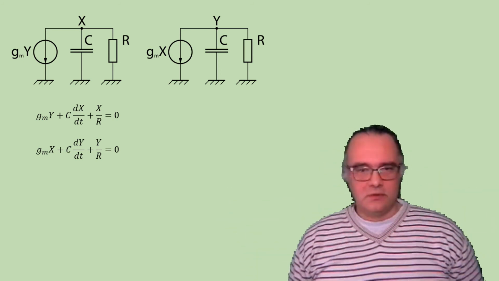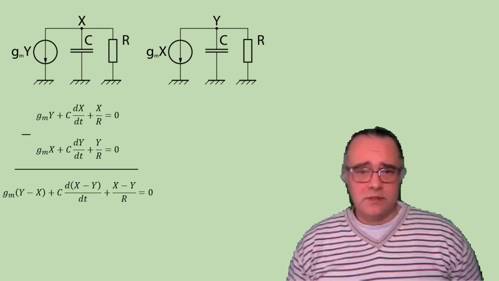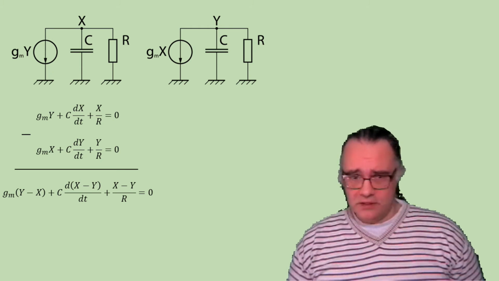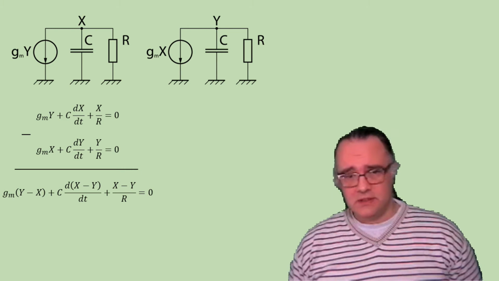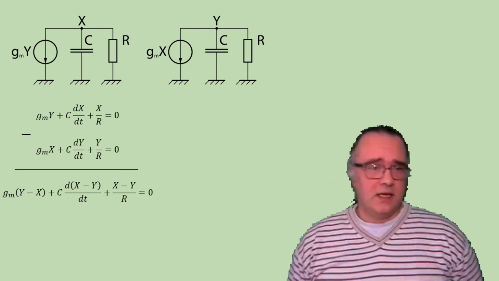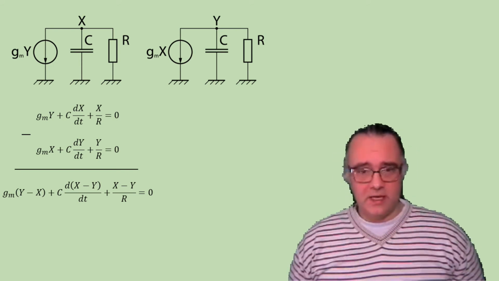We subtract the two equations to get a third equation, which will be the difference of both equations, and we have Gm times the difference of the two voltages, and then C times the derivative of the difference of the voltages with the opposite signs, and the difference of the voltages divided by the resistor.